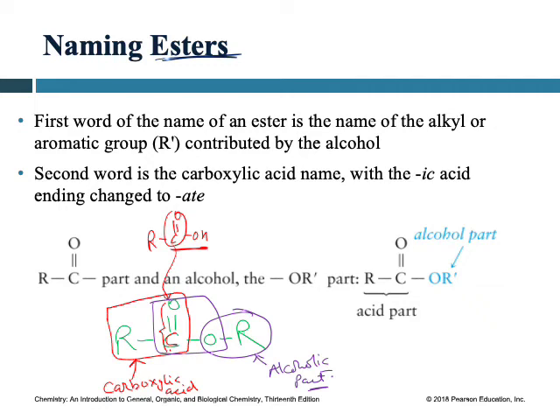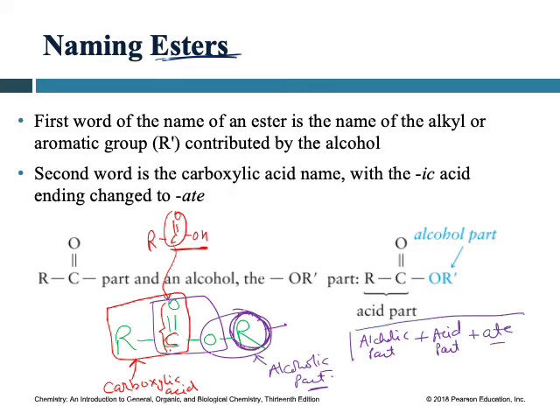Whenever you name an ester compound, you always name the alkyl group, the R group that comes from the alcoholic part, first. So you always write the alcoholic part first plus the acid part, and then the ending word should always be ATE.